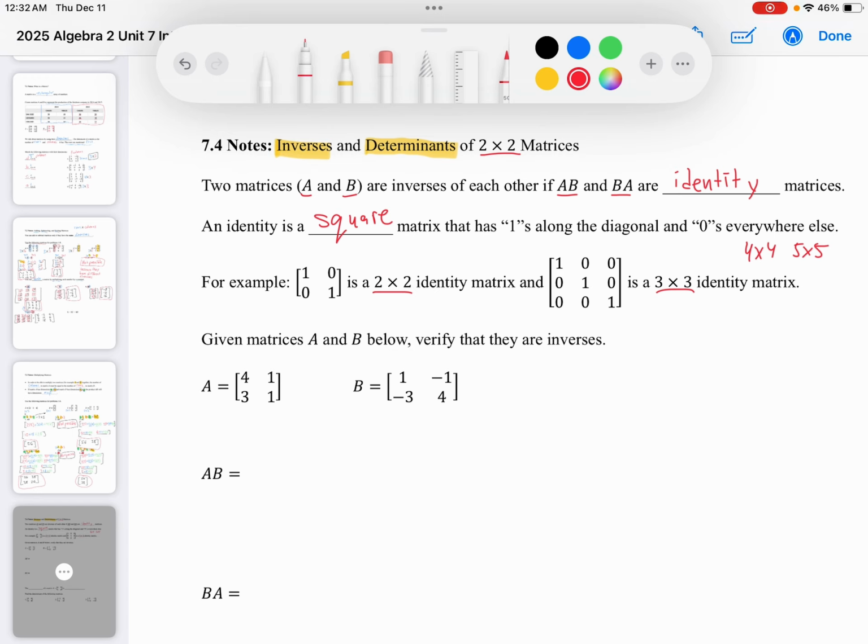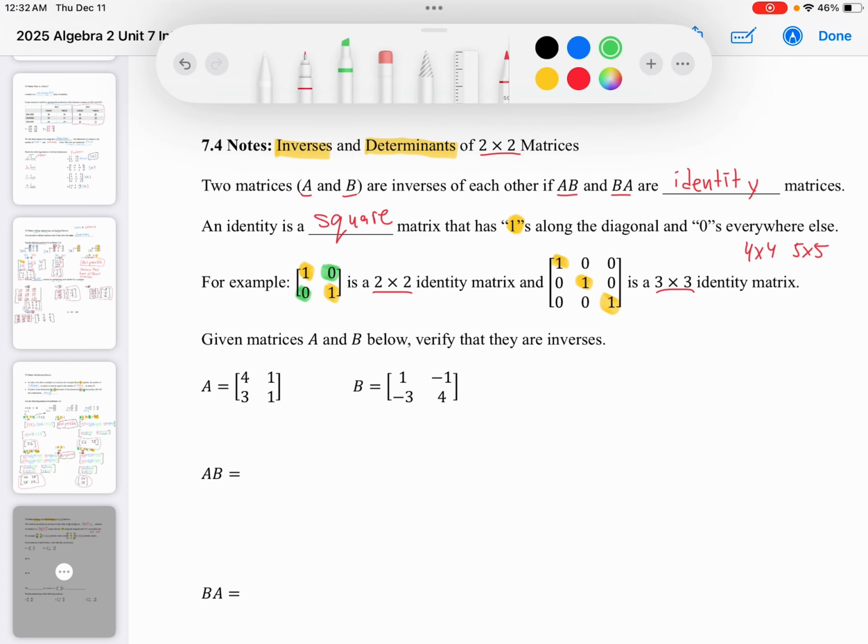So an identity matrix is a square matrix, but not just any square matrix, but one that specifically has ones along the diagonal. As you can see in this 2 by 2 identity, we've got ones diagonally, and in this 3 by 3 we have ones diagonally. And then all of the other terms should be a 0 for it to be an identity.